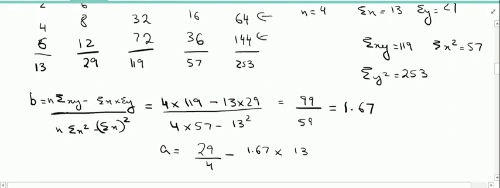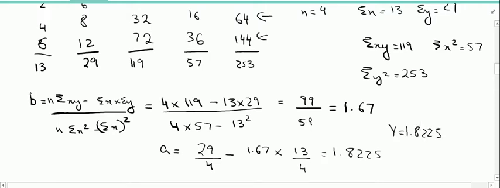So summation of y is 29 over 4 minus 1.67 into 13 over 4. So our a value will be 29 over 4, which is 7.25, minus 1.67 into 13 over 4, which is 1.8225.